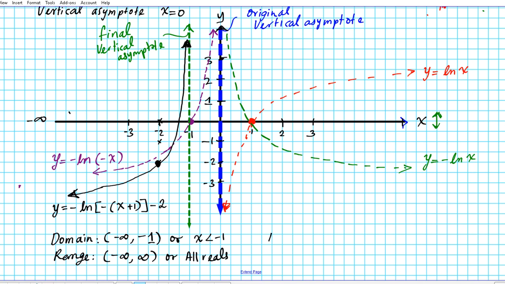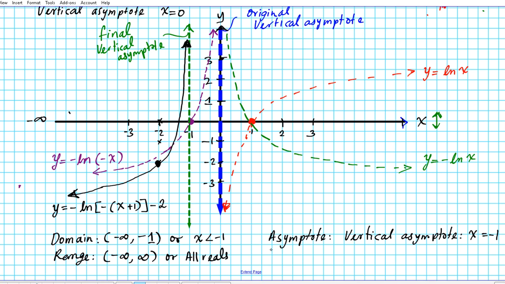Alright, asymptote. What are the asymptotes of this transformed function? We only have a vertical asymptote, and that is at x equals -1. So the vertical asymptote is the line x equals -1. There's your vertical asymptote. How about the end behavior? We have a left end behavior.